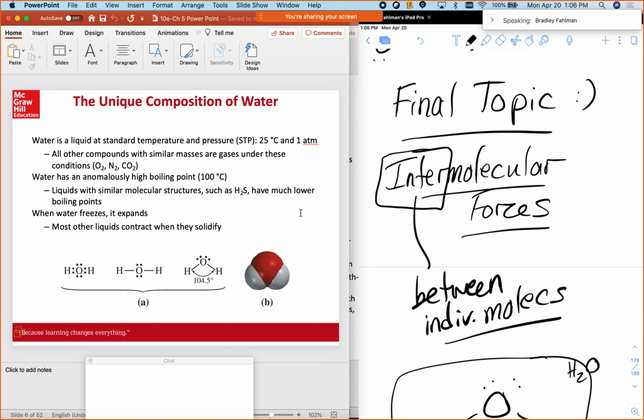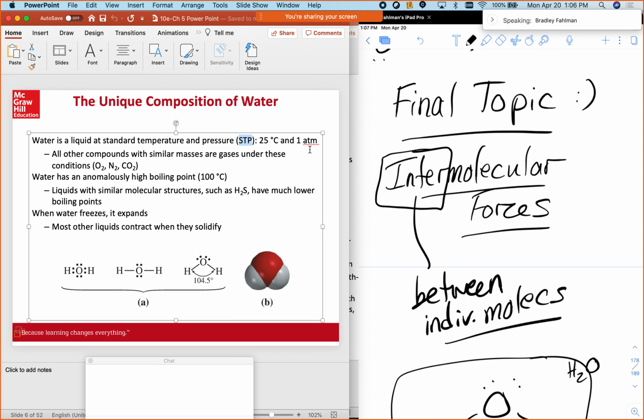Okay, and so if we just look at water as the example, it's a liquid, as we know, at standard temperature and pressure. And so this STP that you might see in textbooks or in the media sometimes, that means 25 degrees Celsius, so what we consider room temperature, and 1 atmosphere of pressure.